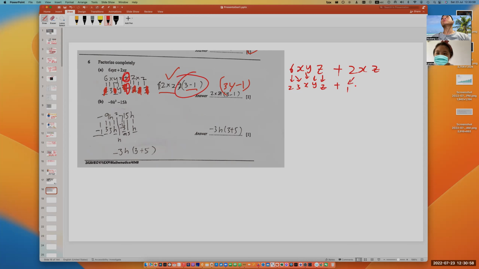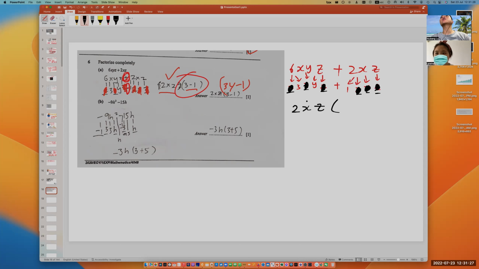Next, then you do the 1, you do the 2, you do the x, you do the z. So you highlight the common term, 2xz. Now you just take out 2xz. And once you take out the 2xz, I suggest you erase it already, so I won't see the 2xz.